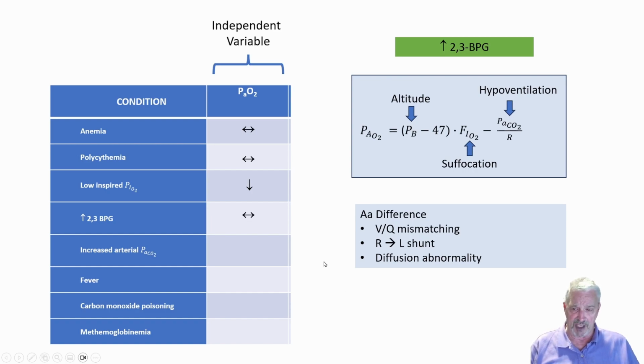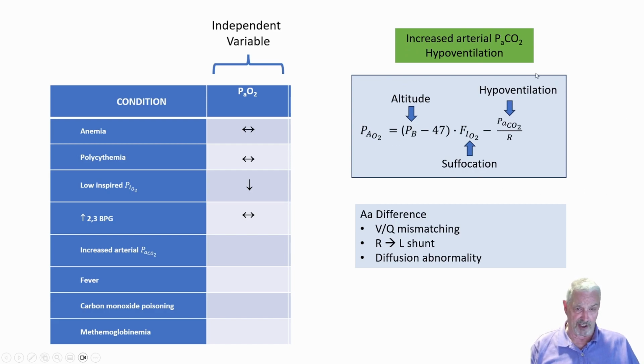And so the bottom line is we have no change in P little AO2 when we have an increase in 2,3-BPG.